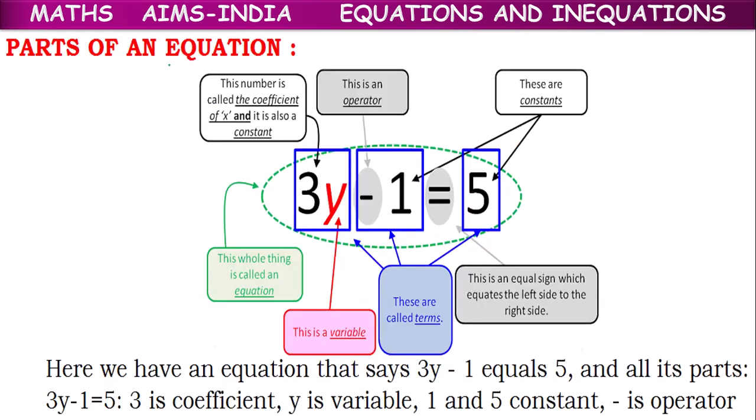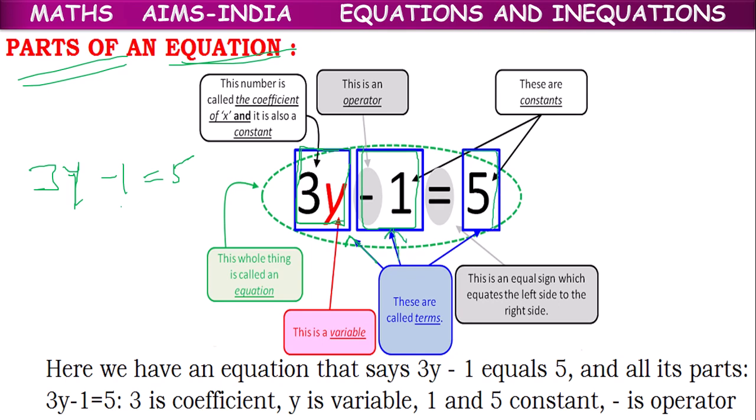Here, children, this equation contains many parts. Suppose 3y minus 1 equal to 5 is an equation. Then the total 3y is considered one term, and minus 1 is another term.